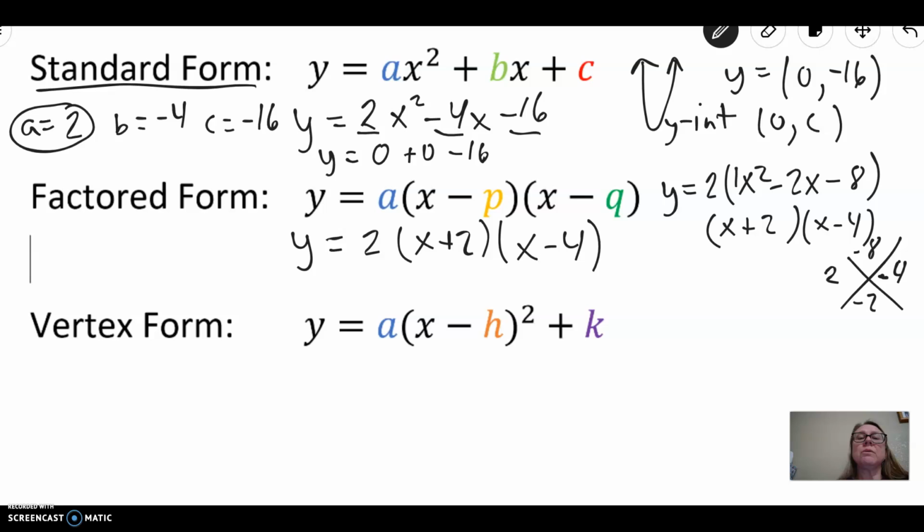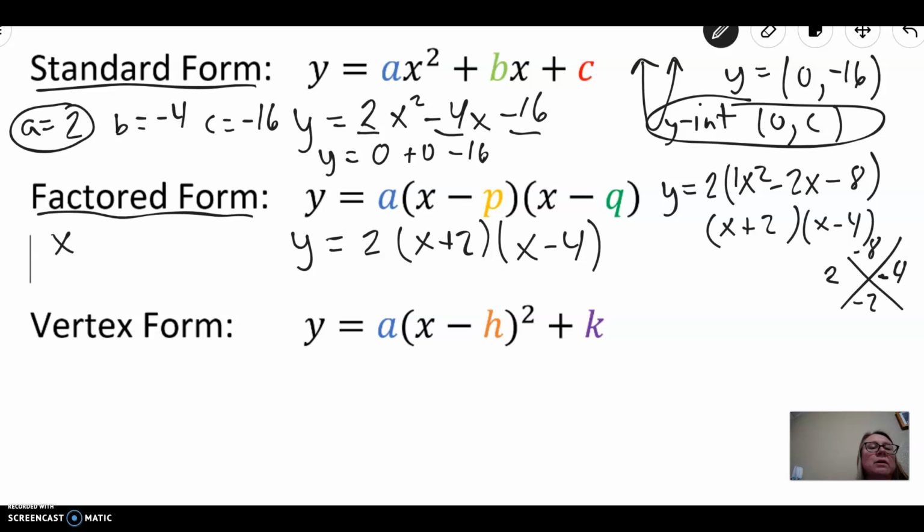So this equation is exactly the same as this equation, but this is our factored form. In this format, my benefit is that using the zero product property, I know my two x-intercepts. So the y-intercept is good in standard form. In factored form, it's good to find the x-intercept.